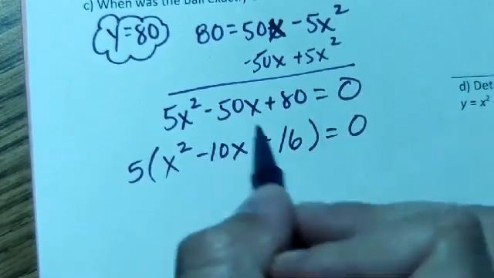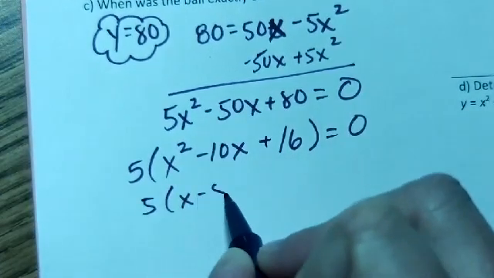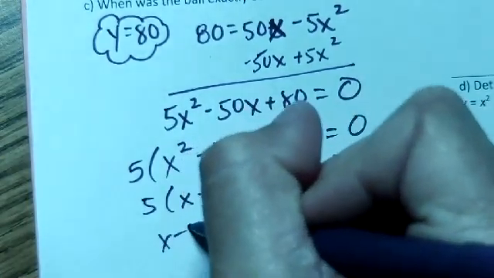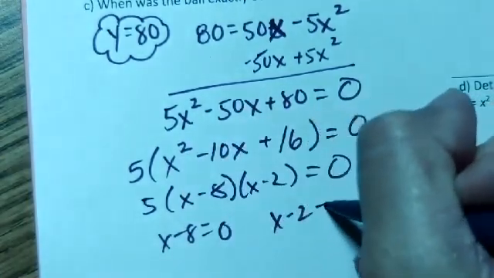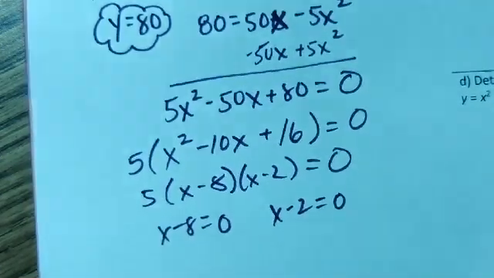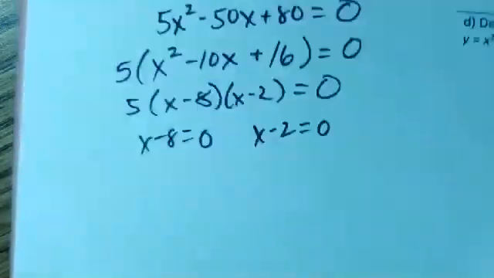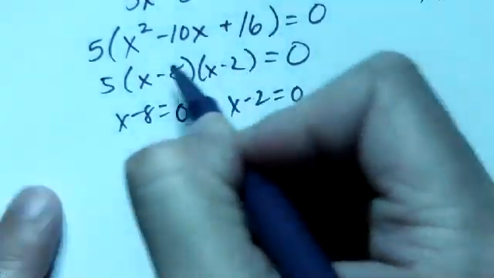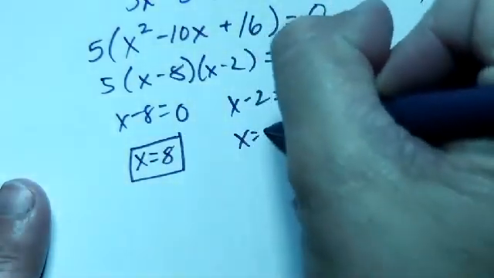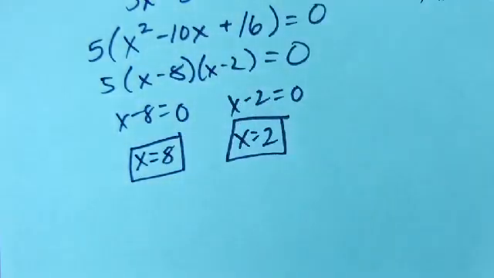And then you factor that. So x minus 8 equals 0, x minus 2 equals 0. You don't need to write that 5, since it doesn't have an x connected to it. You don't really need to worry about it when you're solving with the zero product property. So x equals 8 and x equals 2. So that means at 2 seconds and at 8 seconds, it's 80 feet off the ground.